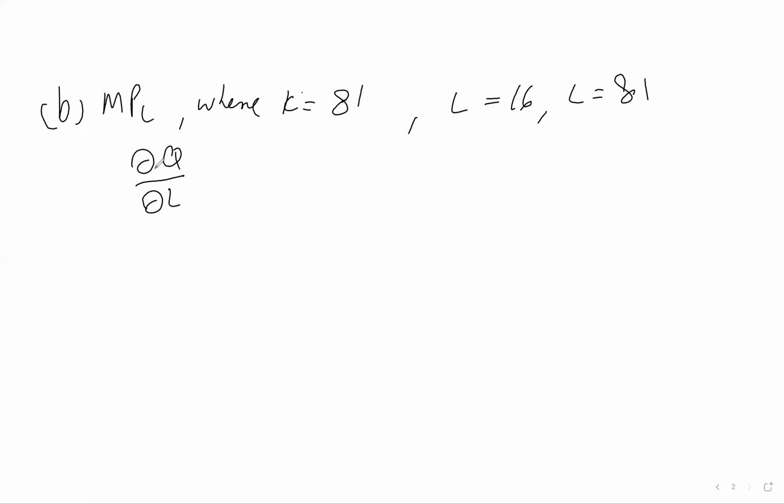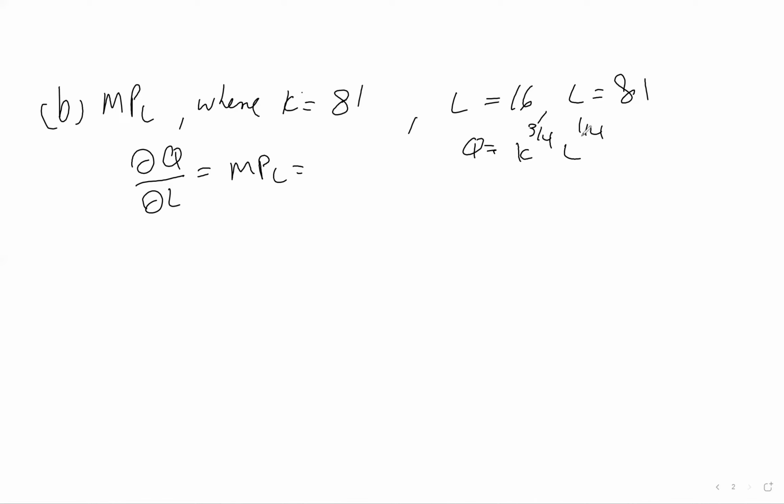This is equal to the marginal product of labor, so you can either write marginal product of labor or take the derivative of the production function with respect to L. Just mind you that the function of Q is equal to K to the power of 3 over 4 times L to the power of 1 over 4. So we're taking the derivative of this function with respect to L.